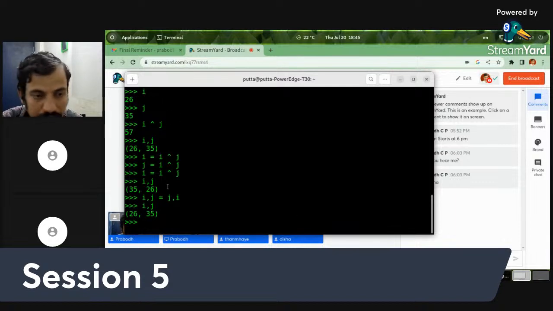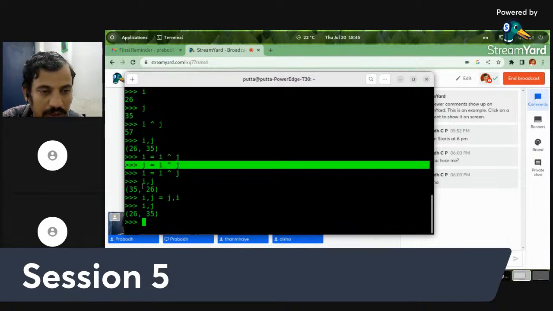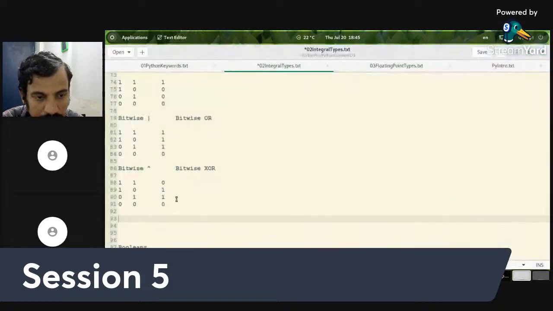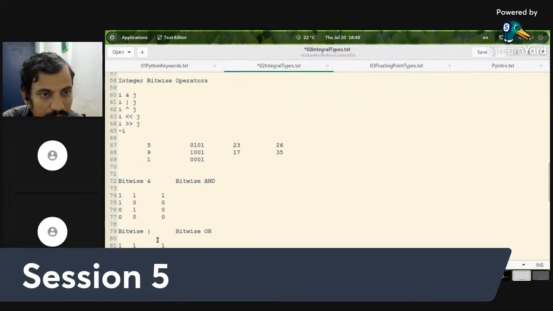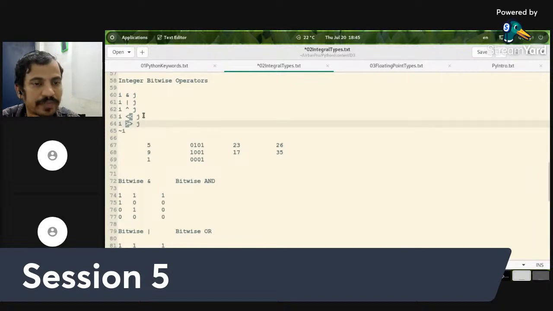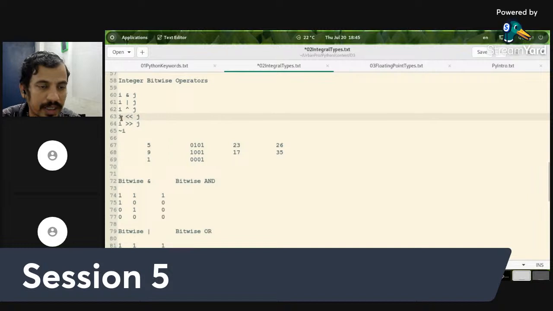So this is how XOR operation is used. Then last, what else do we have? We have something called the shift operation. Left shift and right shift. Earlier we were saying these two are the operands.